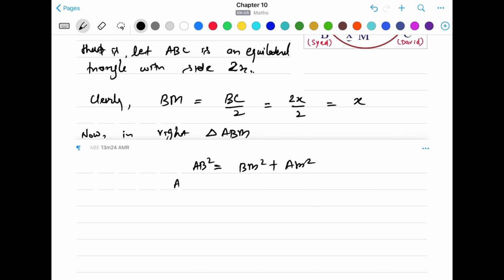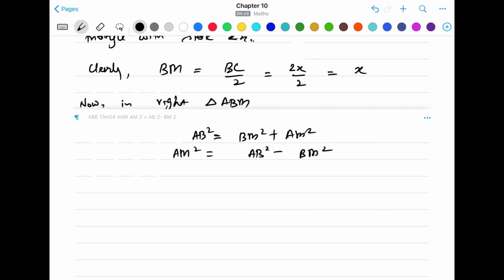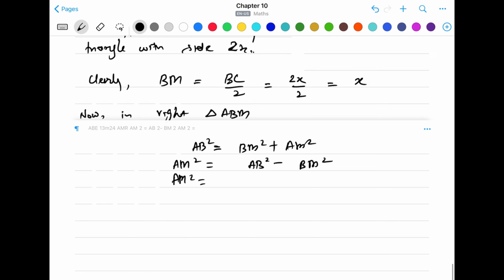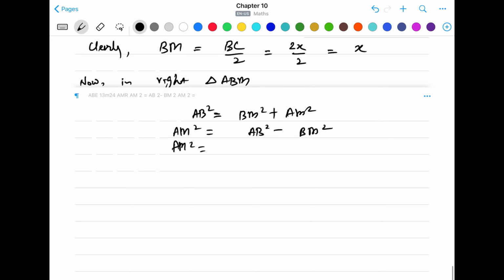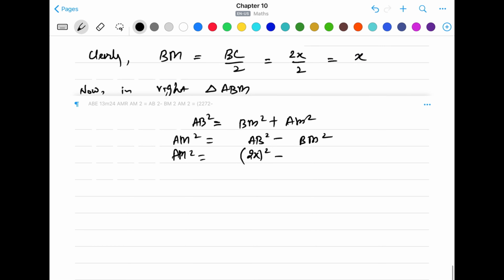Okay, so from here AM square will be AB square minus BM square. We have taken the side of this equilateral triangle as 2x, so AB will be 2x. Then BM we have taken as x, which is half of BC.